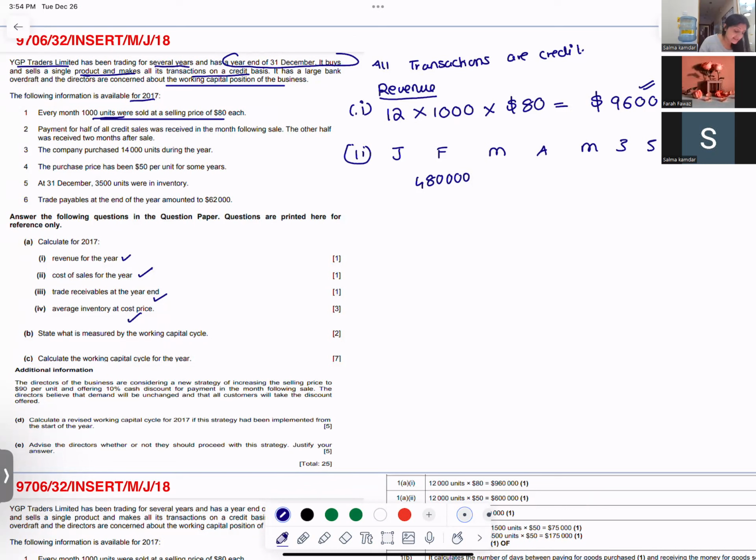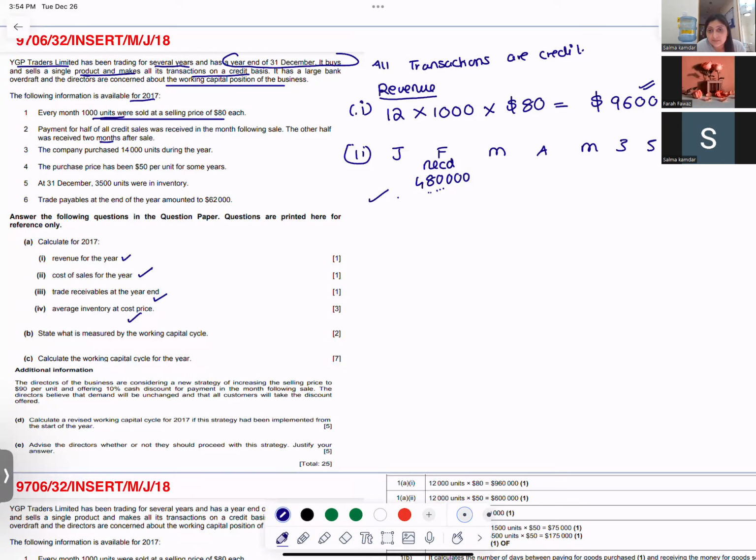And how much do I receive in March? Other half is received 2 months after sale. So if I sell in January, in Feb I will receive 480,000, and in March I will receive 2 months after sales.